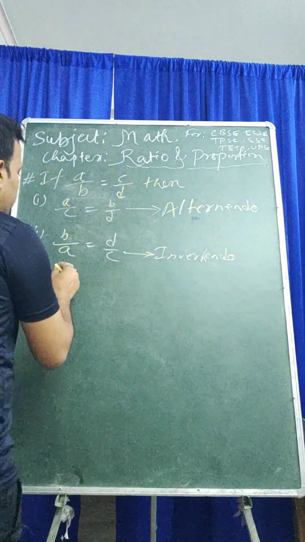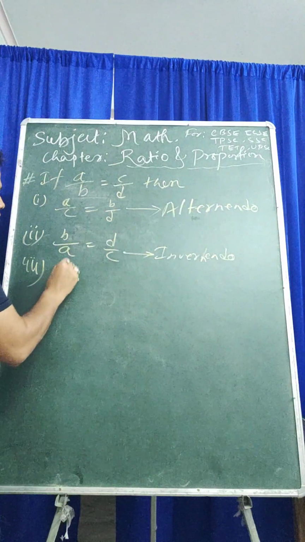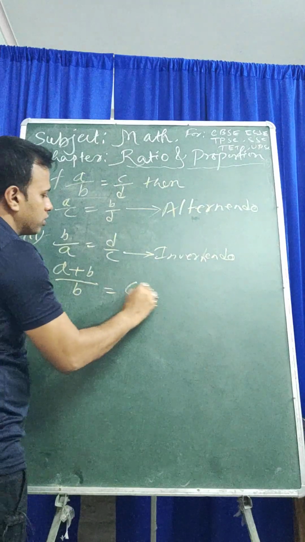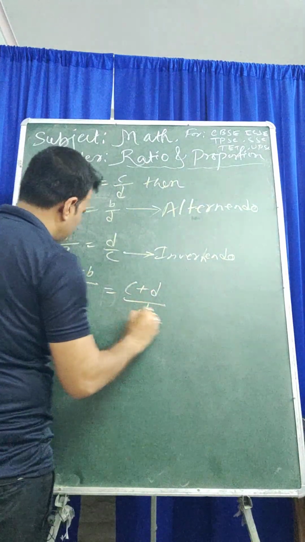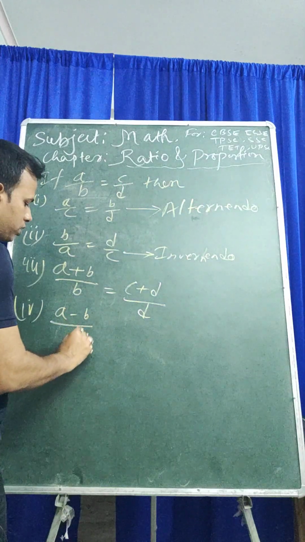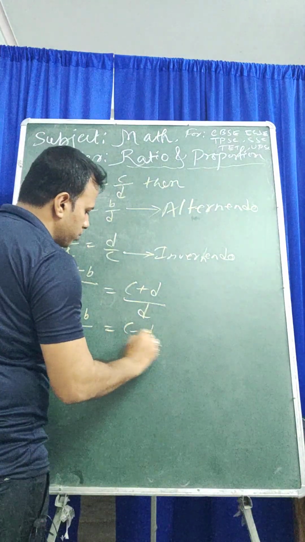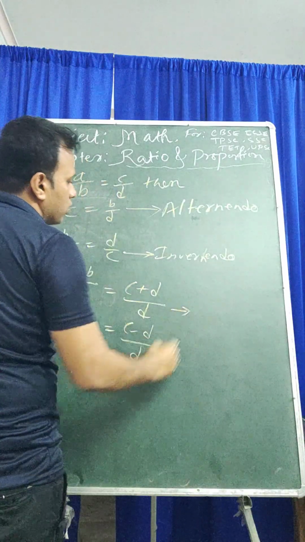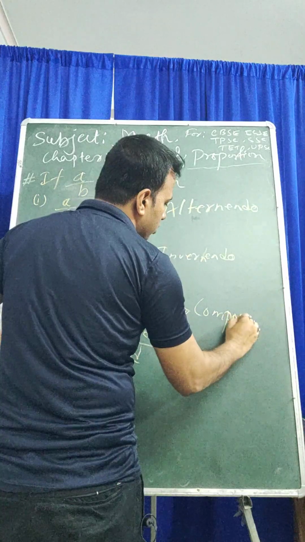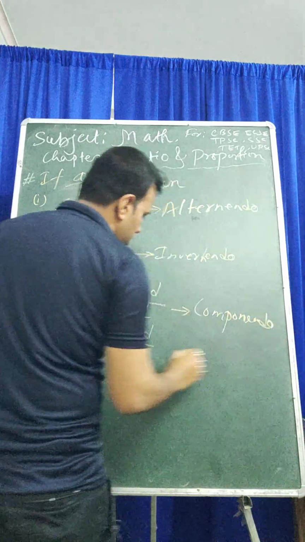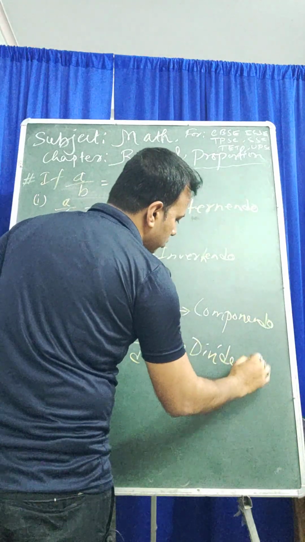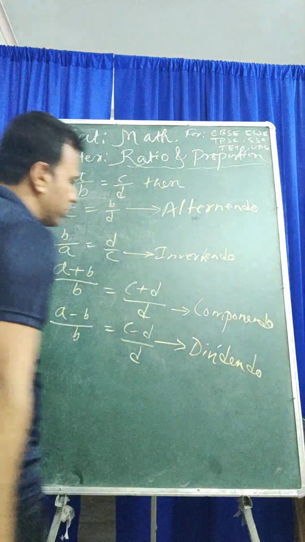Another formula is (A plus B) by B equal to (C plus D) by D, by componendo. Number four formula is (A minus B) by B equal to (C minus D) by D, by dividendo.